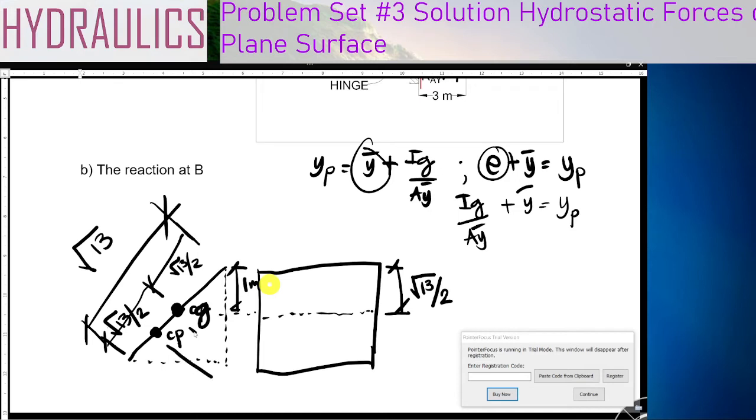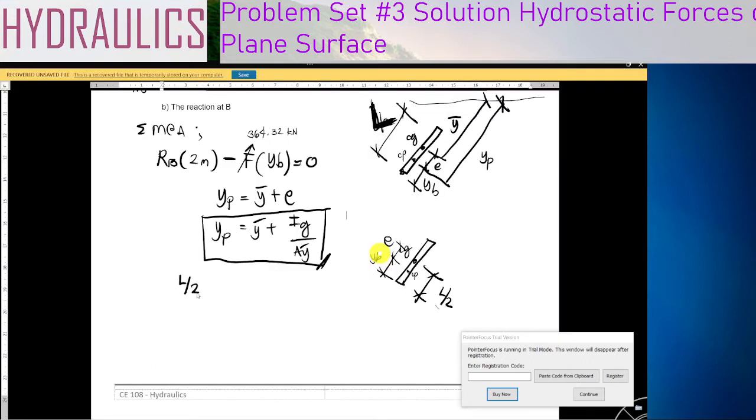Then between CG and CP there is what we call the eccentricity, and our goal is to find the distance from the bottom to the center of pressure, because we will create a moment arm. So the moment of F is F times Y sub P, and you saw the resemblance. I equate it: L over 2 is equal to the eccentricity plus Y sub B. And what is the formula for eccentricity?